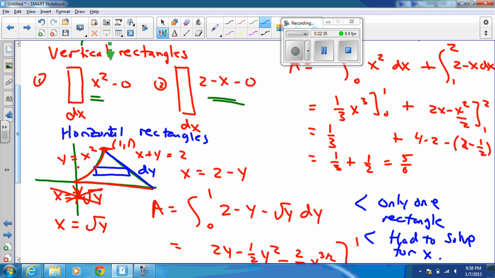And those are the two factors that you, the smart mathematician, are going to want to consider when you're setting up your areas. Do I wish to have two integrals to represent my area? Do I wish to have to solve for one variable in terms of the other? And those two factors basically become the two things that drive your choice of horizontal or vertical rectangles.